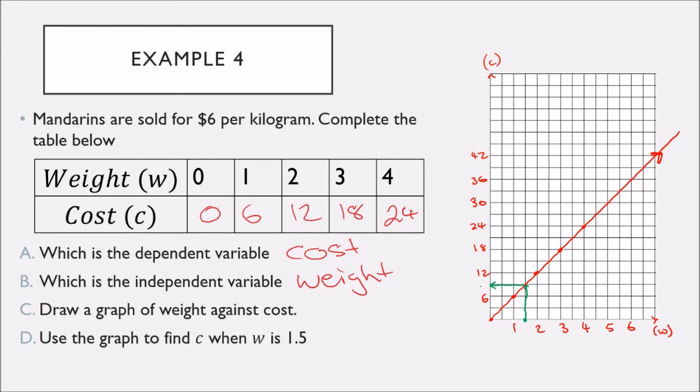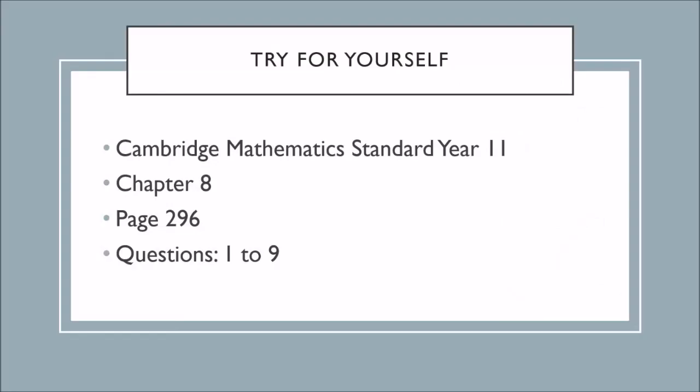So here is the value that we're looking for. We're looking for the value that is halfway between 6 and 12, which would give us 9. So we can say, therefore, cost $9 for 1.5 kilograms.